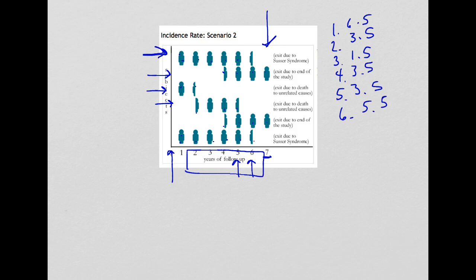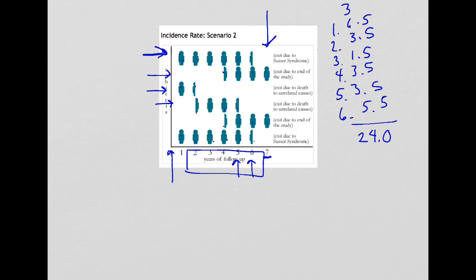So what we can do is add up along those and see how much person time our study population contributed. Okay, carry the 3, 9, 12, 13, 16, 19, 24.